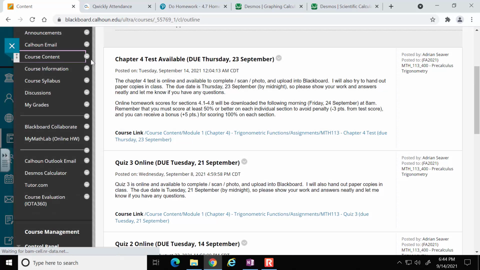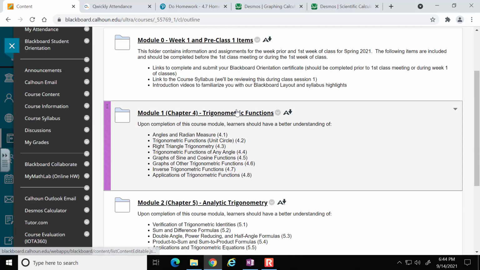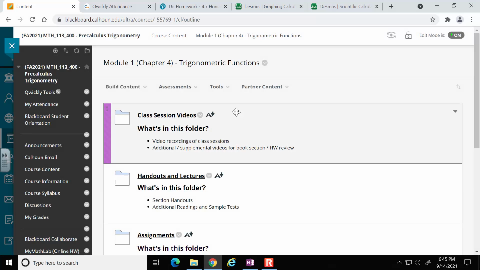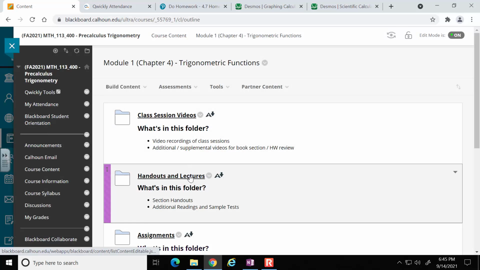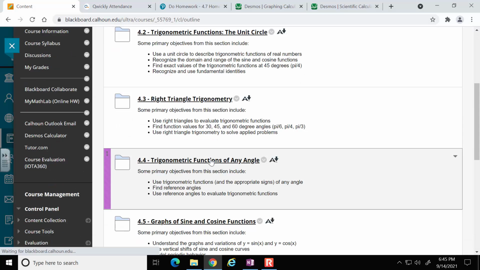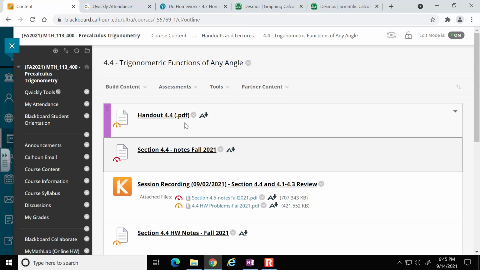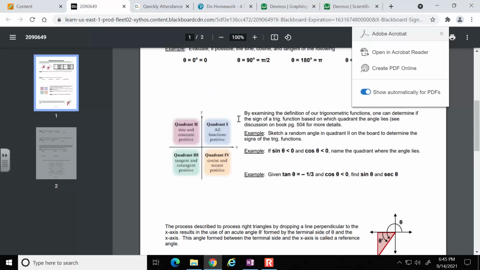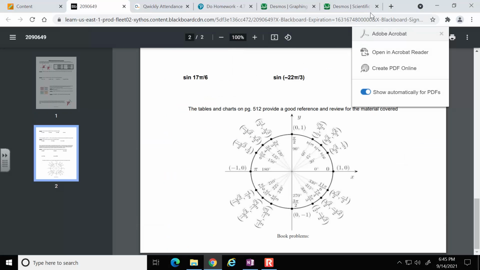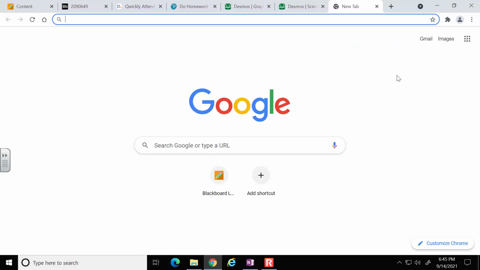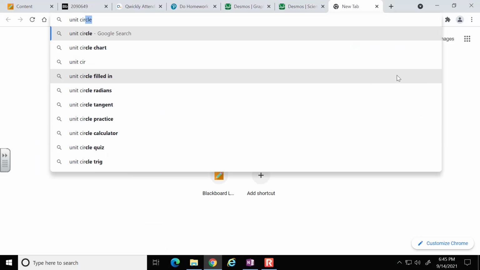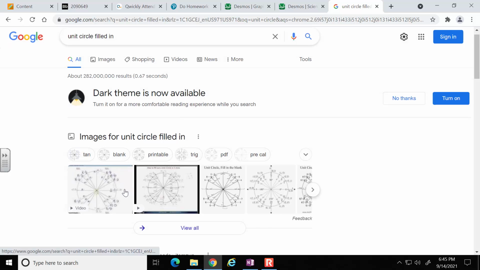So I've got the unit circle. If you just want a copy of it, it's under section 4.4, and it's just part of that handout at the very bottom. The other thing you could do is type in unit circle, and you'll get all kinds of pictures, and I assume most of them are correct.